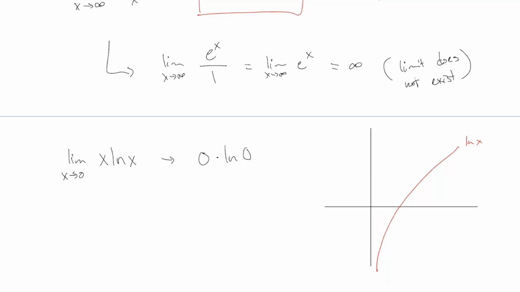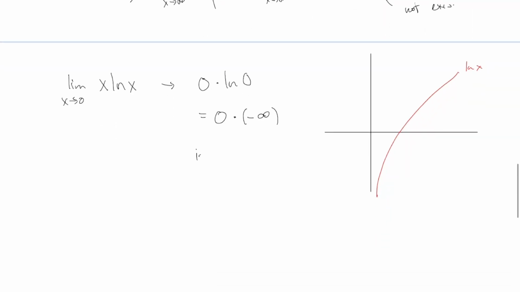So this actually should be interpreted as 0 times negative infinity, and that is an indeterminate form. It's not equal to 0 because the second part is infinite, and it's not equal to infinity because the first part is 0. So this right here is indeterminate.